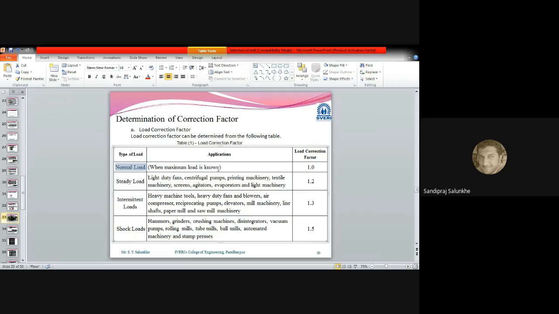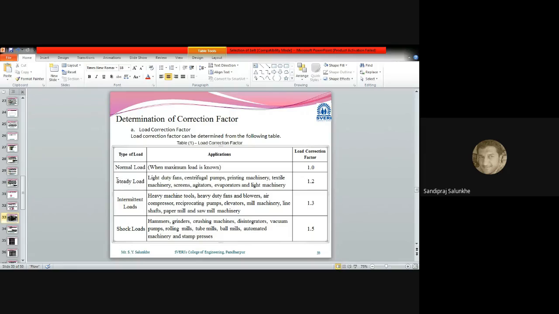It may get decreased, but it will not get increased above 2.2 kilowatt. Then we can use this correction factor as 1, as the rated power can be used as the design power. But we are not sure about it, like for the steady load.